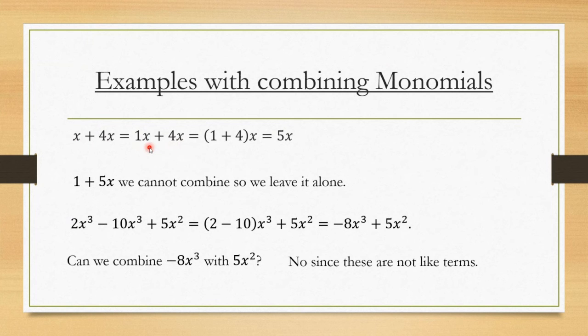They're both in the variable x, same variable. So these are like terms. How do we add them? We add the coefficients, 1 and 4. We have 1 plus 4x, which is 5x.